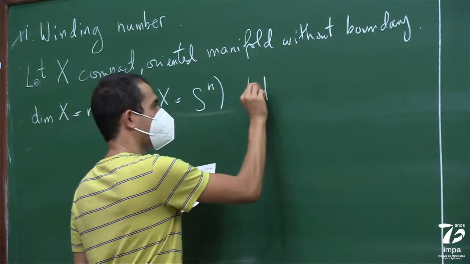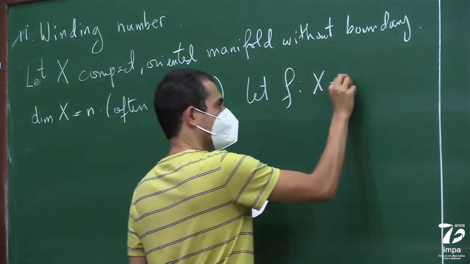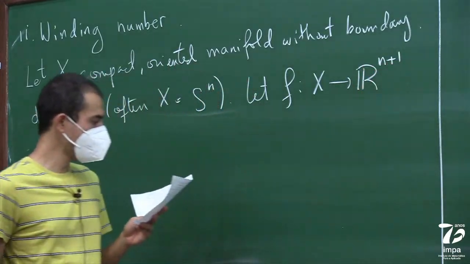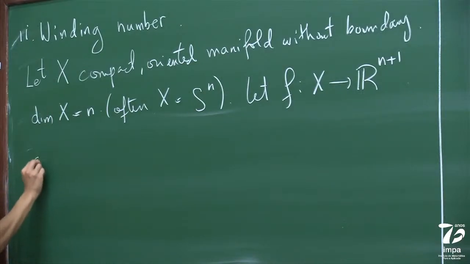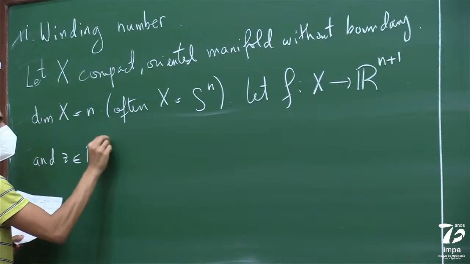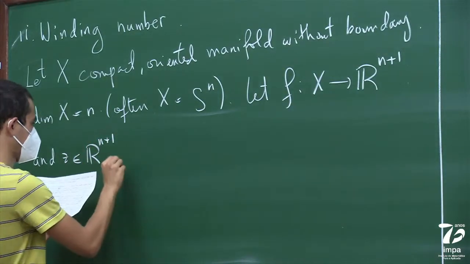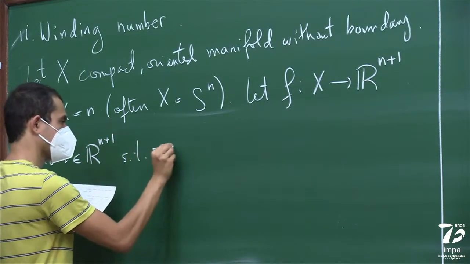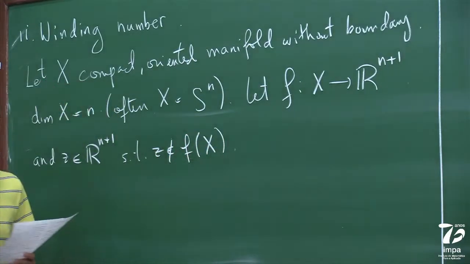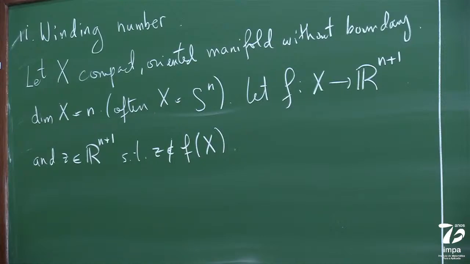So let f be a function from X to Rn plus 1. And we pick a point z in Rn plus 1 that's not in the image of f. So we'd like to define the winding number of this function with respect to this point z. Okay?